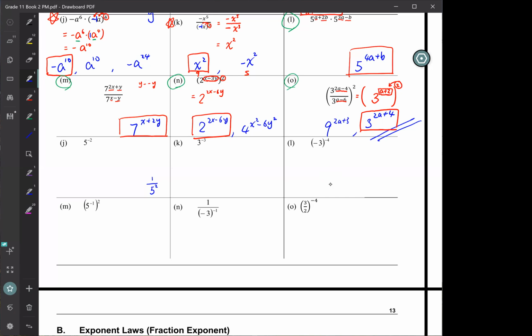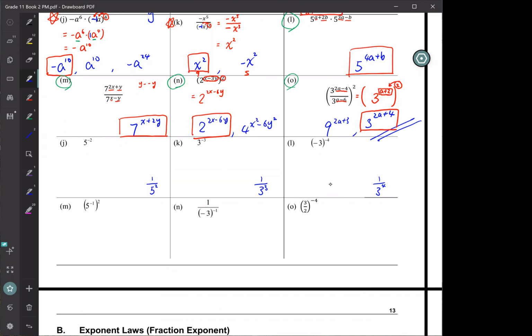All right, next one, let's have Ivy. What's your answer for K? I got 1 over 3 cubed. Yeah, 3 cubed, okay. And can I have Jenny, your answer for L? I got 1 over 3 to the power of 4. 3 to the power 4, okay.